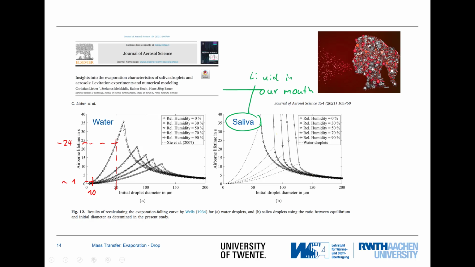And this means saliva droplets do not entirely evaporate. They stay around. And they stay around for much larger distances of 2 meters, even if you are in the ambience and wind is blowing.